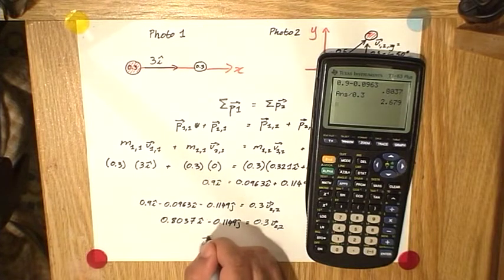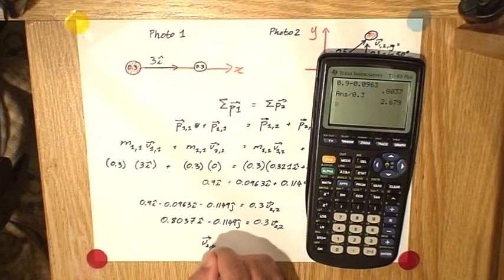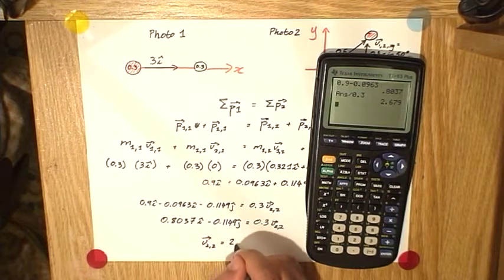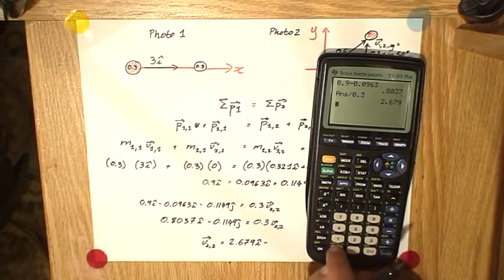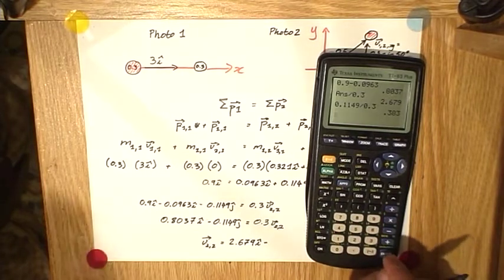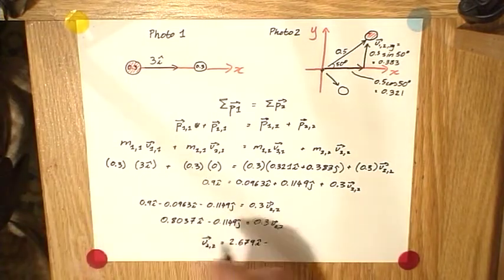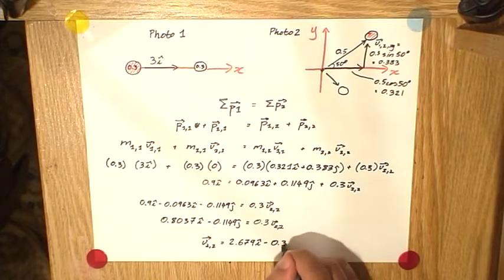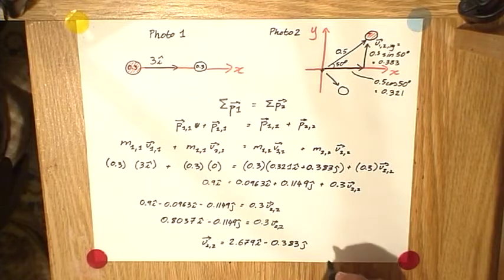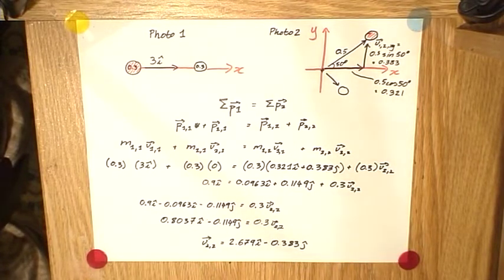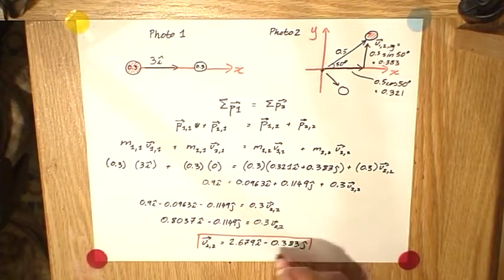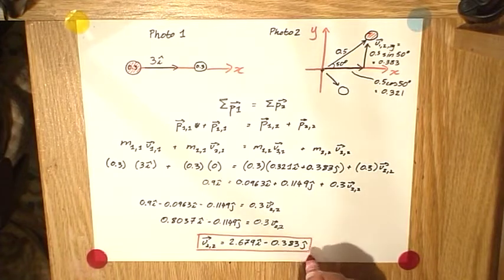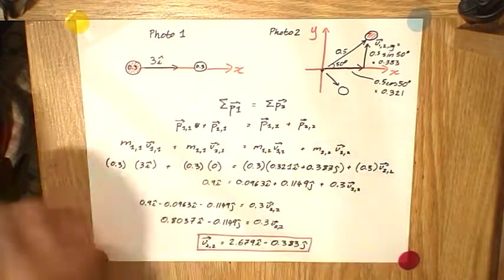So the velocity of ball 2 in photo 2 is equal to 2.679 i hat minus 0.1149 divided by 0.3 gives us 0.383, 0.383 j hat. So this then is the final velocity of the second ball. This is the velocity that it must have after the collision took place.